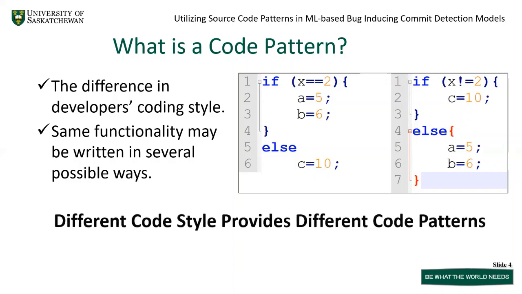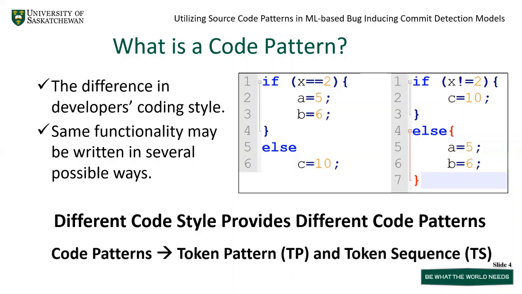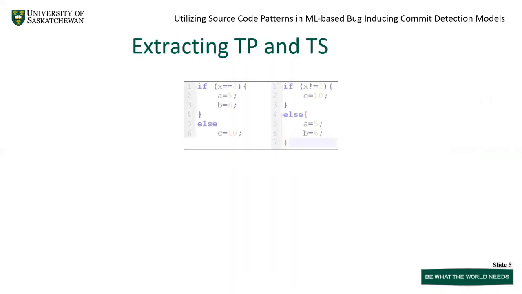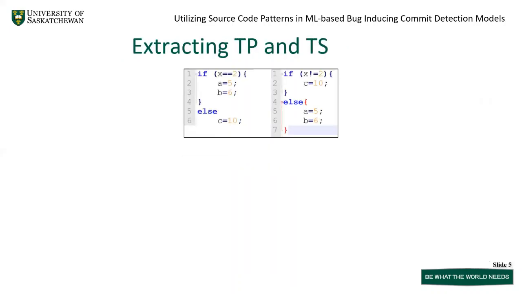These different coding styles will provide different code patterns, and we will refer to token pattern and token sequence as code patterns in this study. Now, how are we going to extract these TS and TP?